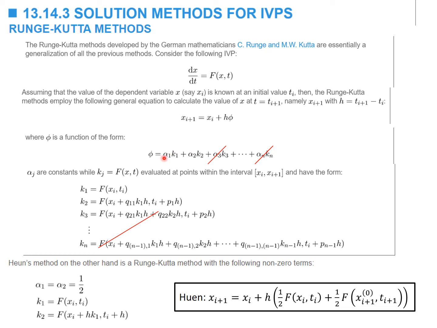Alpha 1 is one half, alpha 2 is one half, k1 is the value of the slope at the first point. k2 is the slope at x sub i plus h multiplied by k1, and t sub i plus h, basically the slope at the end point, which is evaluated using the slope at the first point.